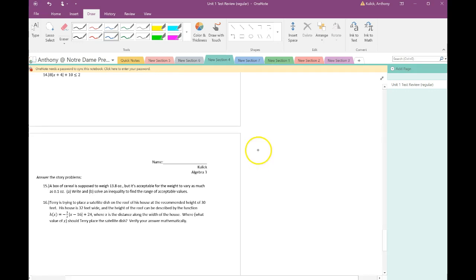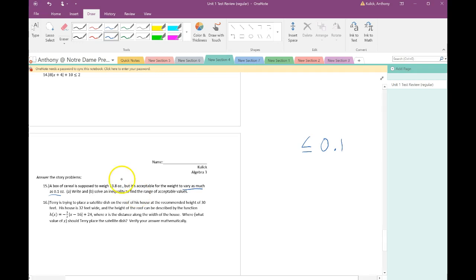So when it says vary as much as 0.1, I know that whatever this is has to be less than or equal to 0.1, because of the "vary as much as" phrase. Everybody okay with that?